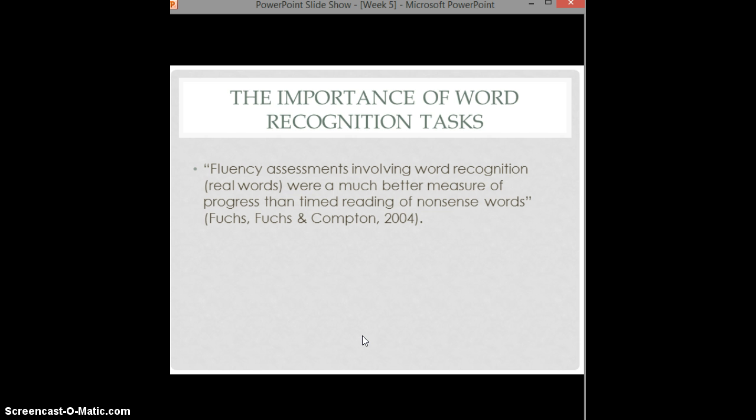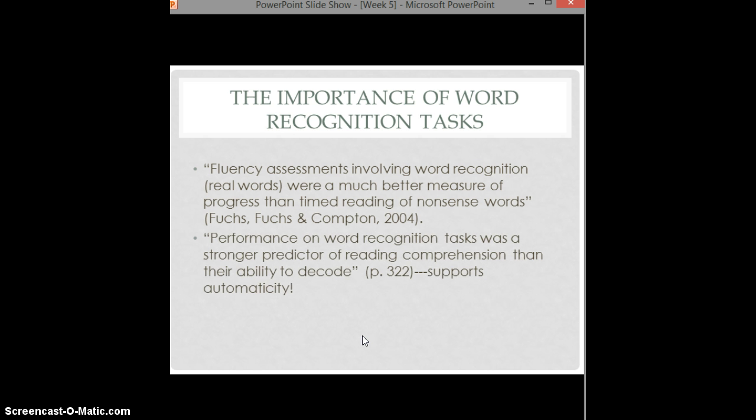When you do a running record, they don't necessarily have a certain amount of time that they have to read it in, although if they're not reading it fluently at all, you eventually stop it because they can't just continue to struggle for 10 minutes or so with it. But if you're giving them that timed fluency piece, there's no reason you can't be making note of the actual mistakes that they're making during it. So it's going to give you that better measure.